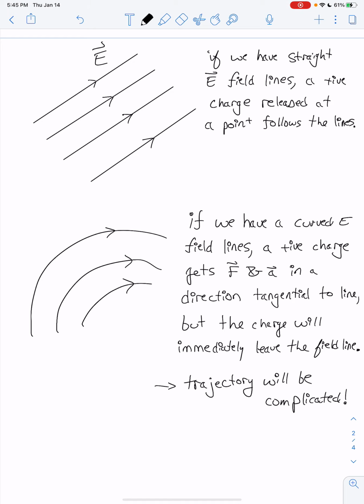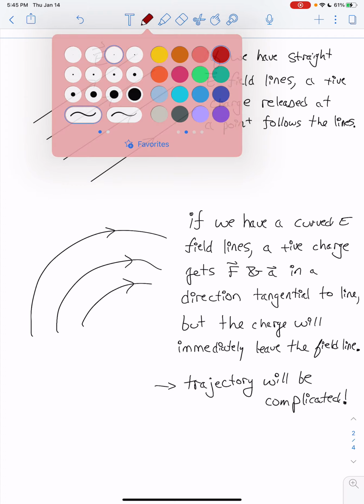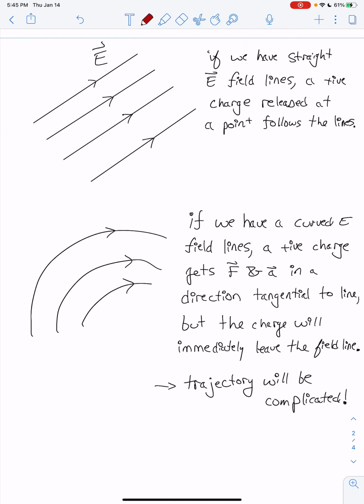Right, so we might imagine ourselves, okay, well, let's take some charge, we'll put it right there. So at that moment in time, we have a force that's aligned with that tangential direction, and so it'll then move here. But then by the time it moves there, it was moving in this direction, but now the tangent to the field is now in this direction.